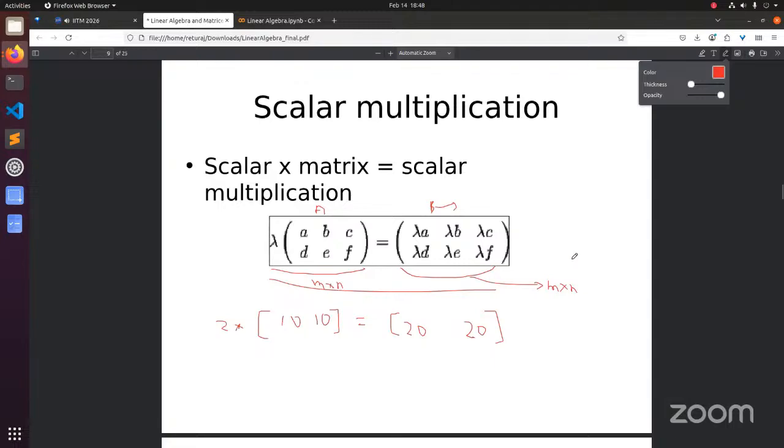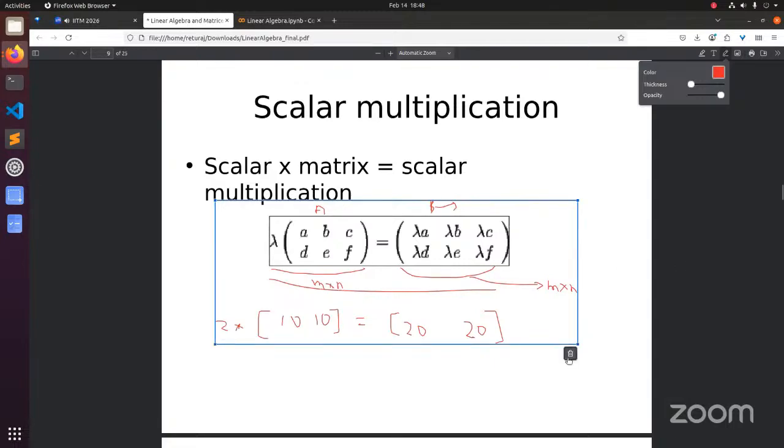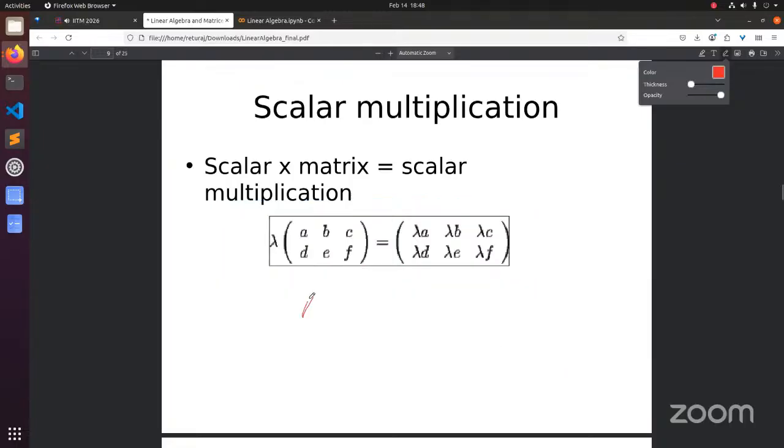Yes, sir. Okay, if people are not able to see this, let me explain it properly. Say you have some matrix A, and you multiply it with some scalar. Let's not write lambda for the time being; say you multiply matrix A with 10, and you get matrix B.